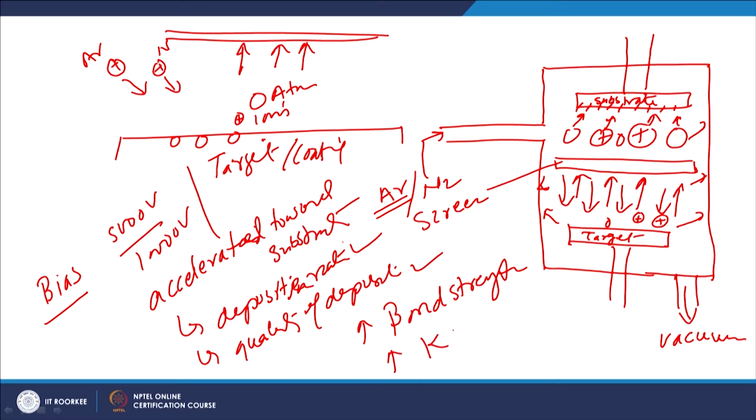So, increase in bias will also be increasing the kinetic energy, which may also improve the mechanical properties of the modified surfaces when the higher bias is used, which will be leading to the increased acceleration of the atoms and ions being deposited on the surface of the substrate.